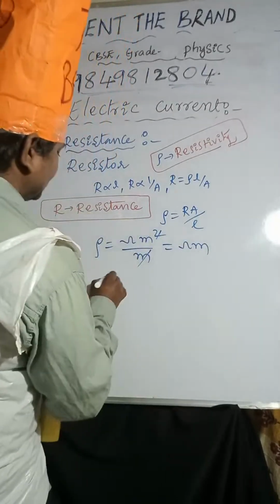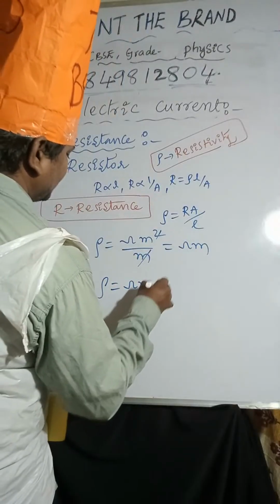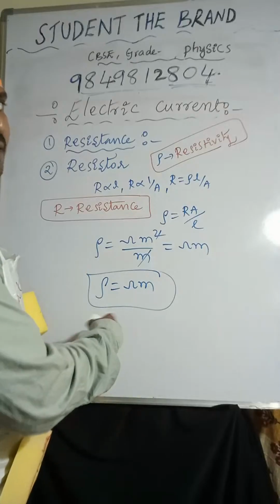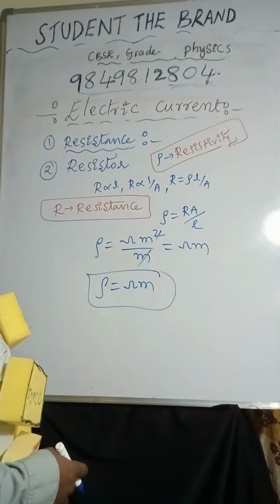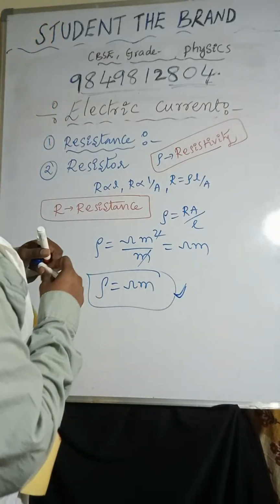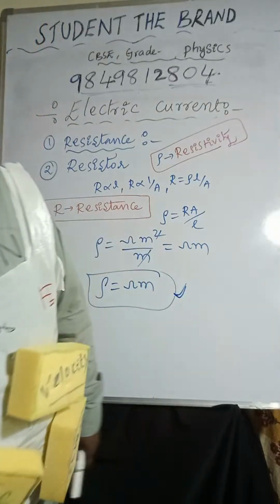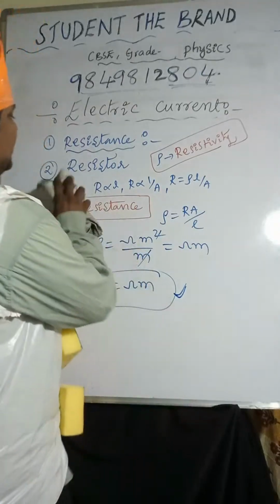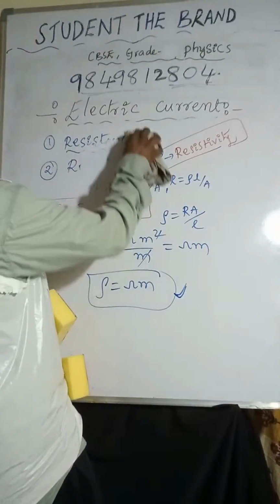The SI unit of resistivity is ohm meter, which is very important. Now we'll discuss one more thing: the difference between resistance and resistivity.